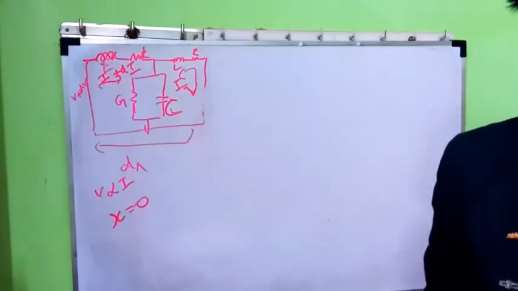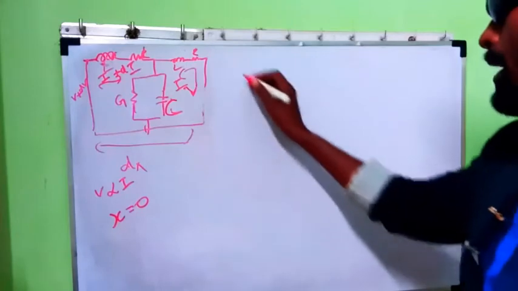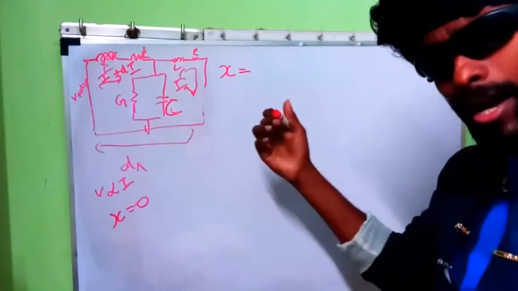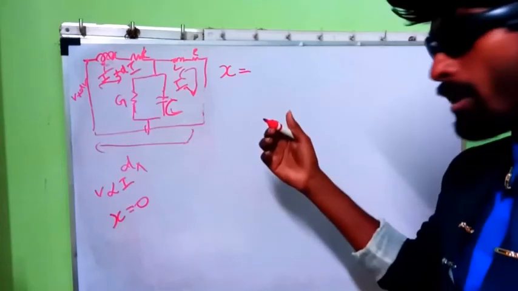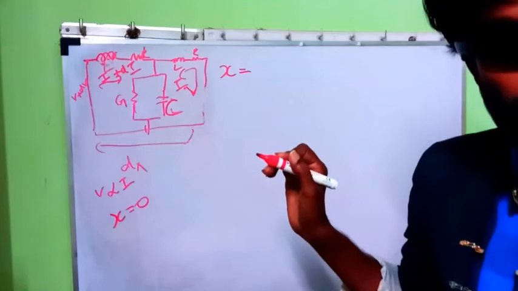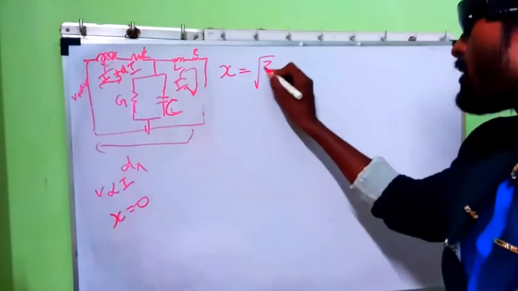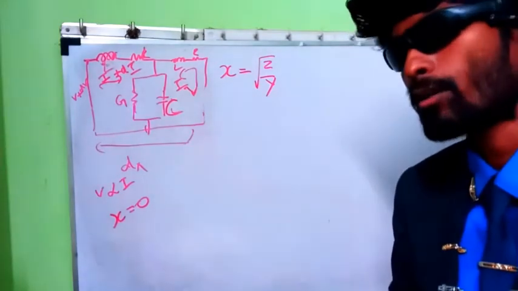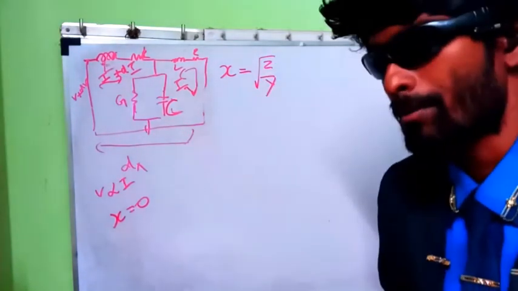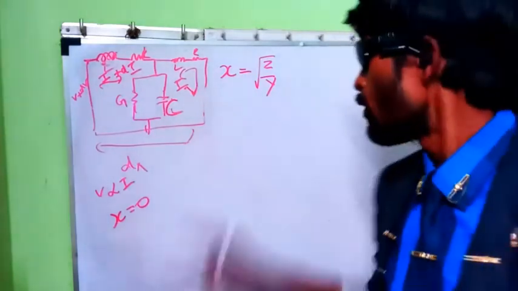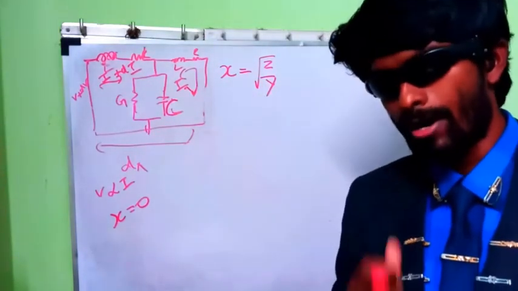Now we go for solving all the things, but it will be very easy. Okay. Now let x be equal to root of z by y. Why am I assuming root of z by y? Because you can assume x equal to 1, 2 or 3, anything, is it right? But listen, why assume root of z by y?